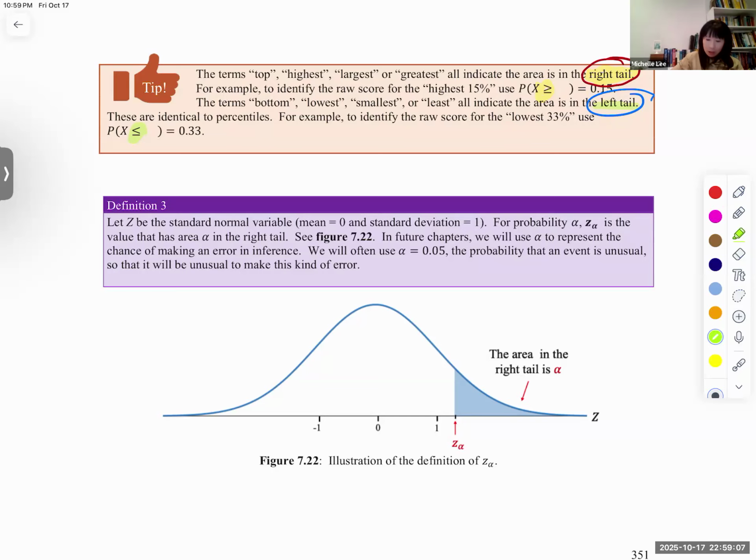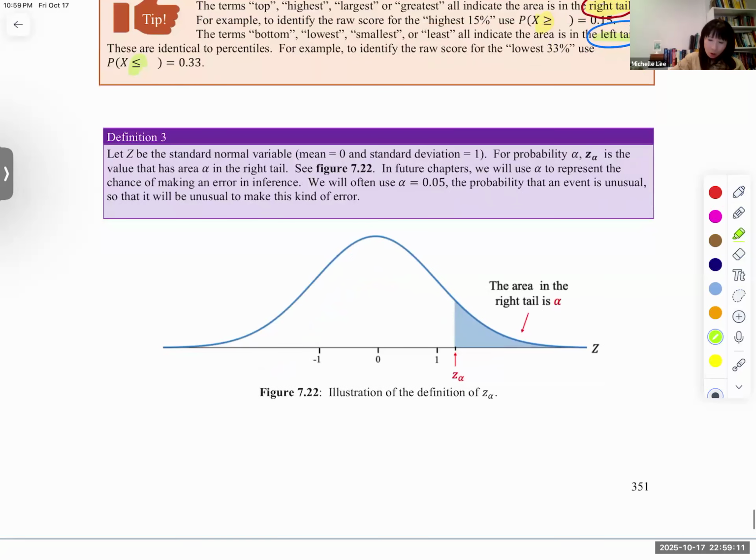Okay. Now, this is the last concept for this section. We have z sub alpha. So we're going back to the z-score, but look, we have a subscript.